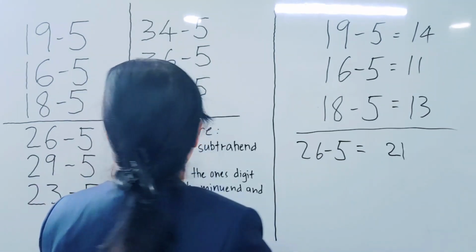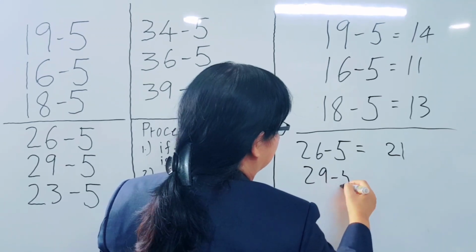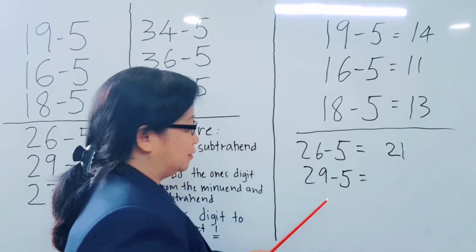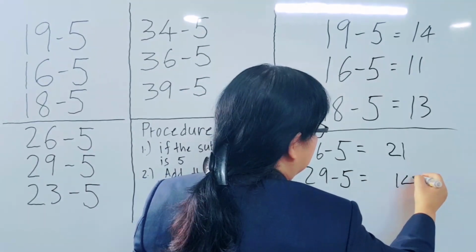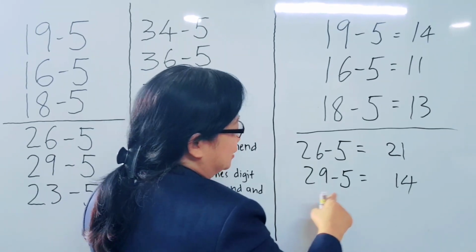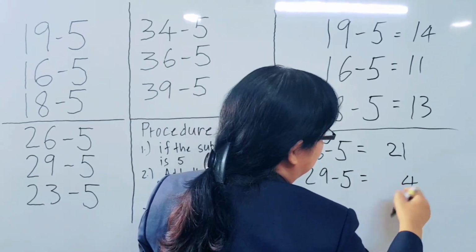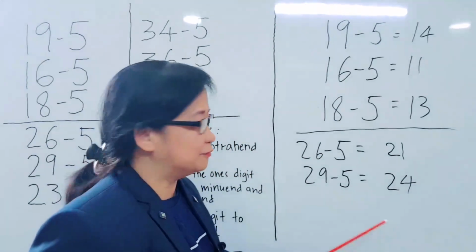Now, another example. 29 minus 5. Now, 9 plus 5 is equal to 14. 2 minus 1 is equal to 1. So, 1 and 4 make 14. Therefore, the answer is 24.